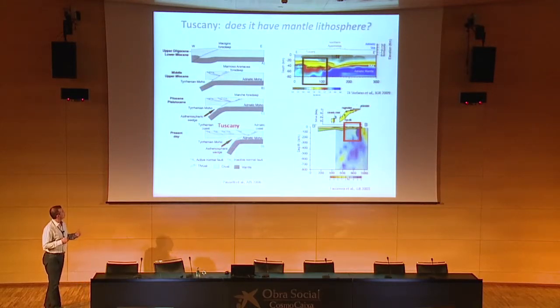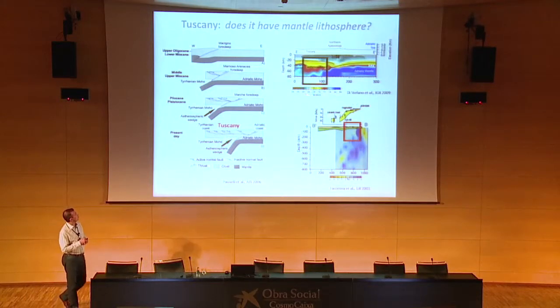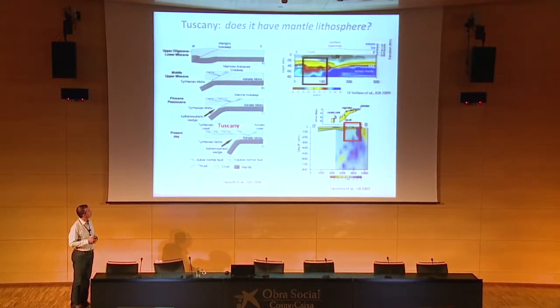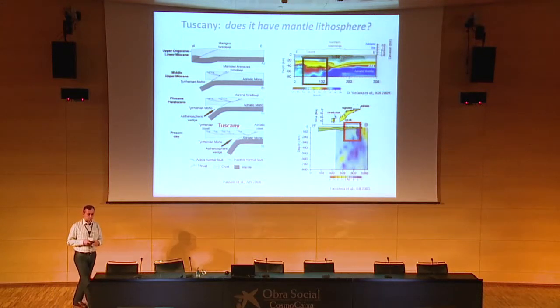This consideration motivated a model that says that there isn't indeed any mantle lithosphere below Tuscany. And some tomography was interpreted as supporting that, showing low P velocities below the Moho in Tuscany. That would be very different from normal conventional models of continental lithosphere, which has crust and below a layer of mantle lithosphere.